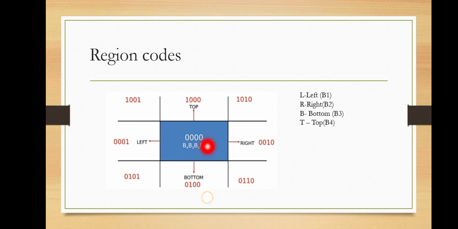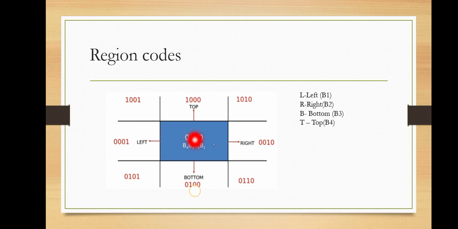So it is not in the left, so it is 0. Not in the right, so it is 0. Not in the bottom, so it is 0. Not in the top, so it is 0. So it is 0000. This is the inside region of the window.